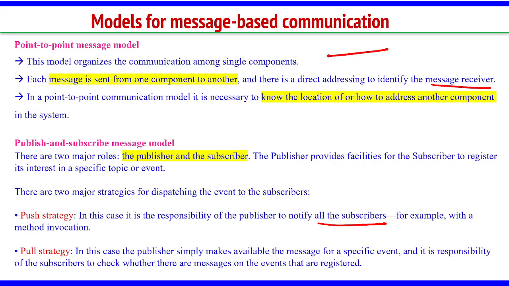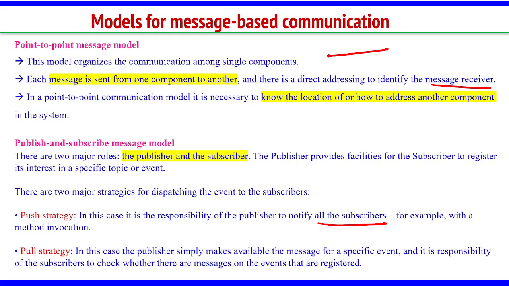Pull strategy: in this case, the publisher simply makes the messages available, and it is the responsibility of the subscriber to check whether there are messages or not. Push and pull strategy, right? So in push, the publisher will send the message and notify also. Whereas in pull strategy, he will just put the message, and it is our responsibility to keep checking frequently whether the message is available or not, right.